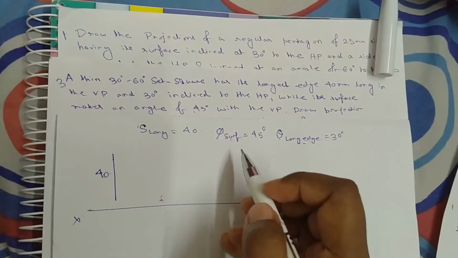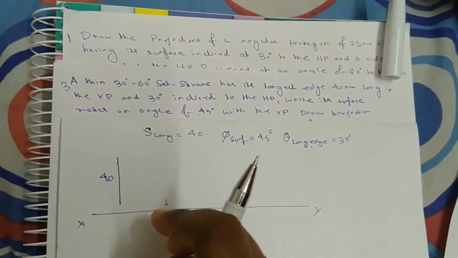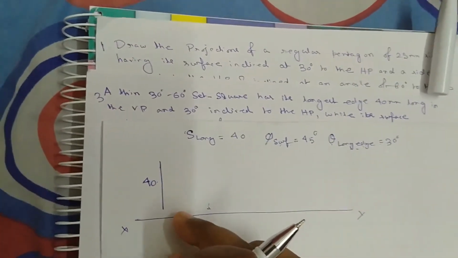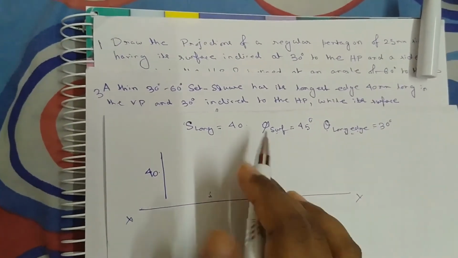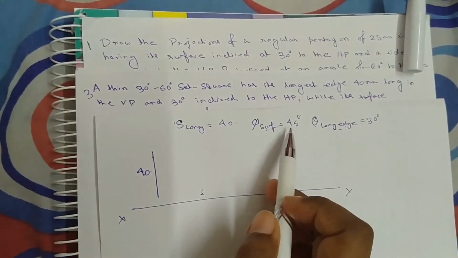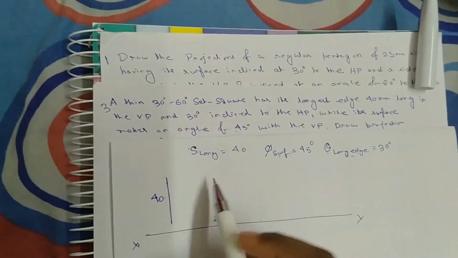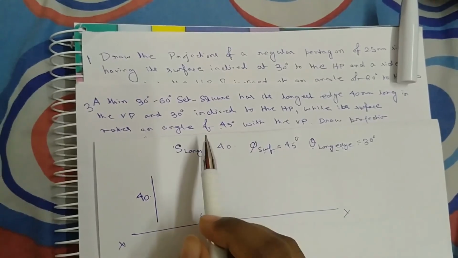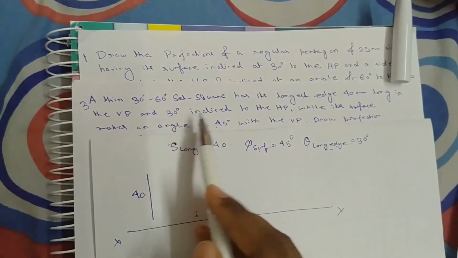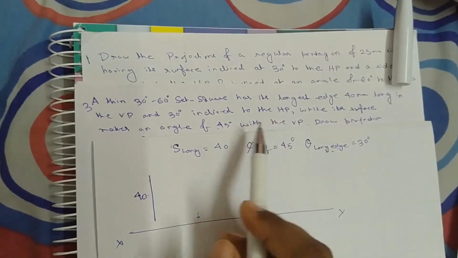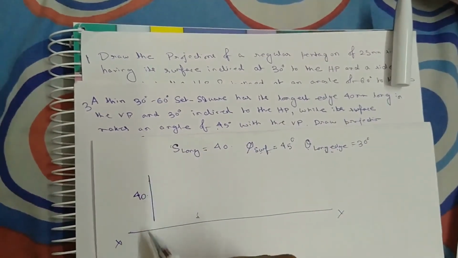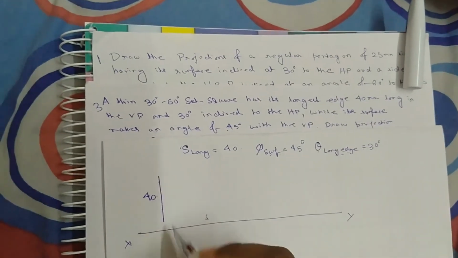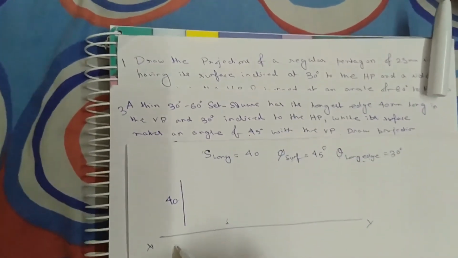From this question you can see that you have to draw the front view first, because the surface is making a 45° angle with VP. So as per your assumption, if you have to incline the longest edge with respect to HP, we have to put this longest edge perpendicular to the XY line. That's why I place this 40 mm like that.